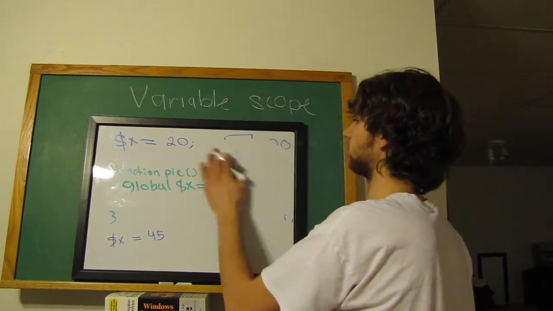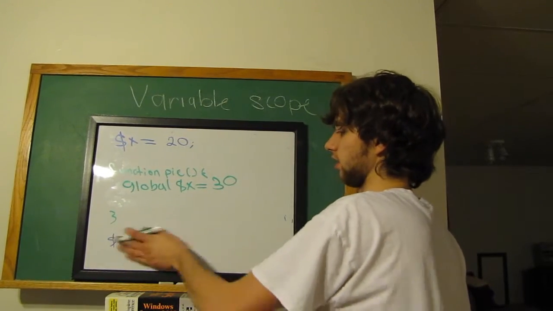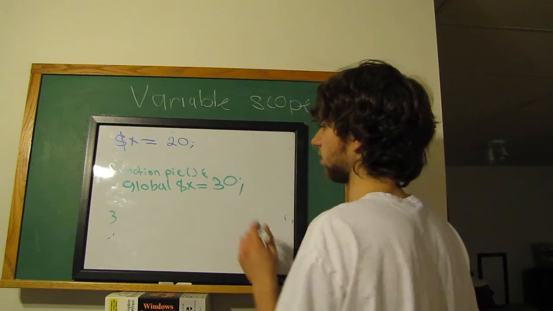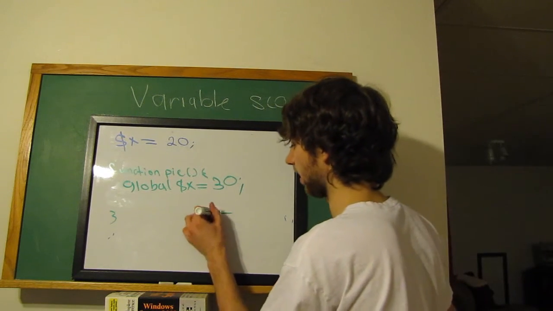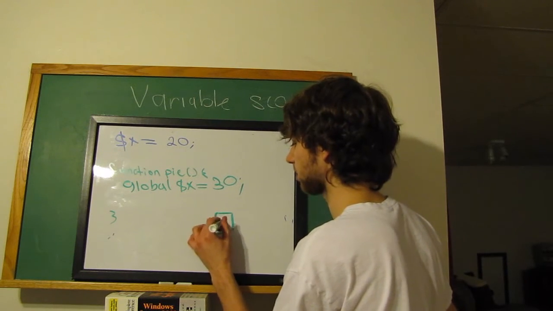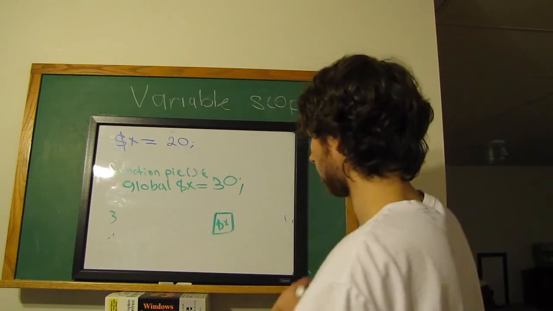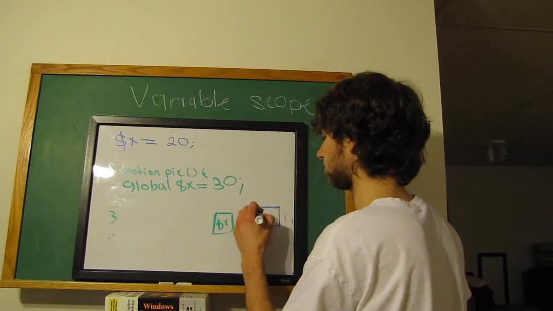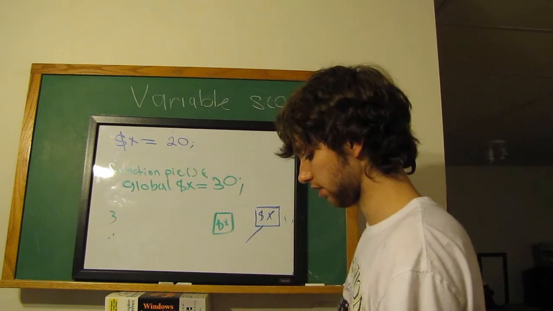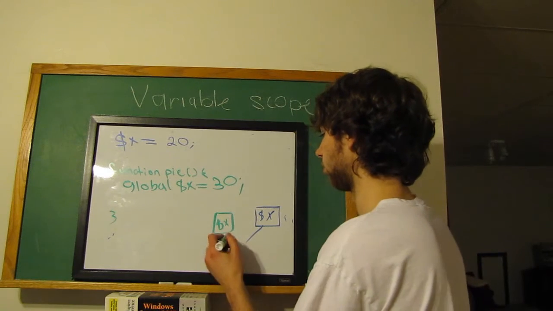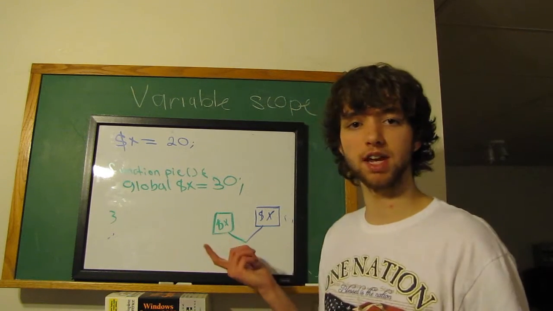Well then what this is going to do is create a global x. That means our green variable x and our blue variable x both point to what's known as the global variable. Basically, these are the same variable now.